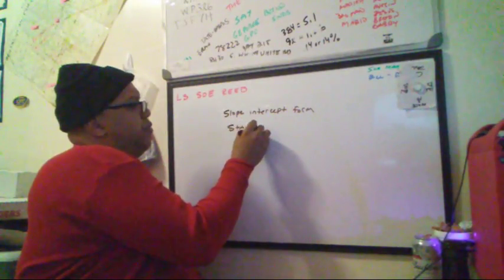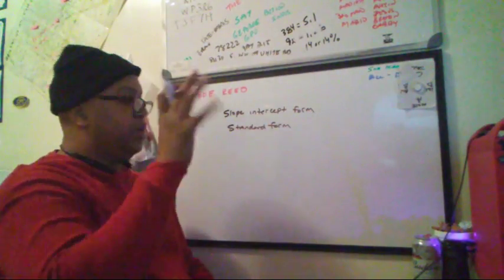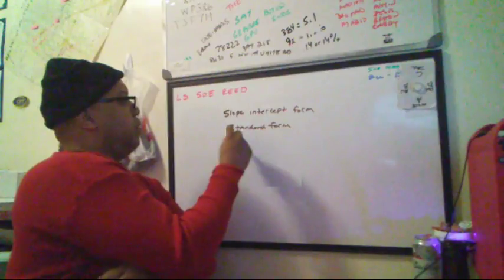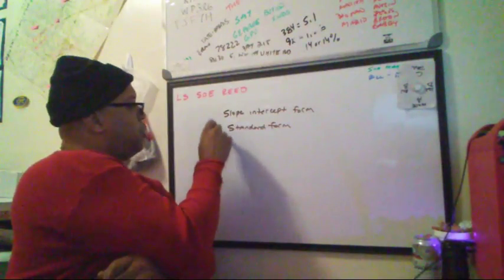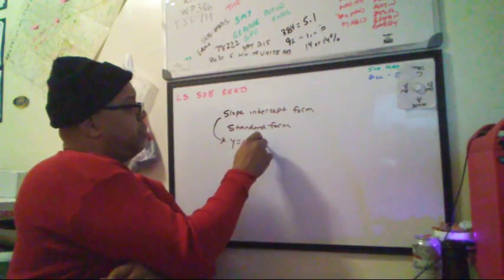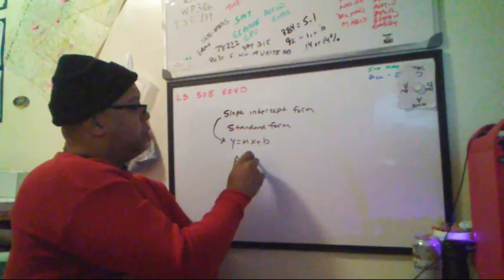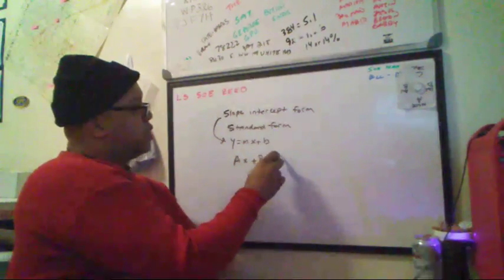Now, don't get all caught up by how they write the equations, but the slope-intercept form is y equals mx plus b. And the standard form is ax plus by equals c.